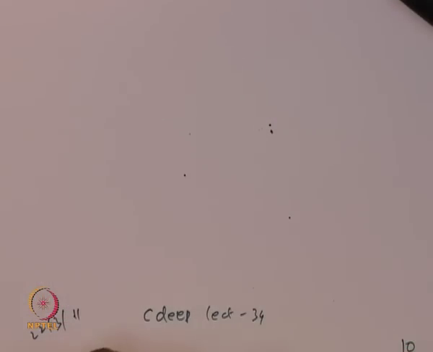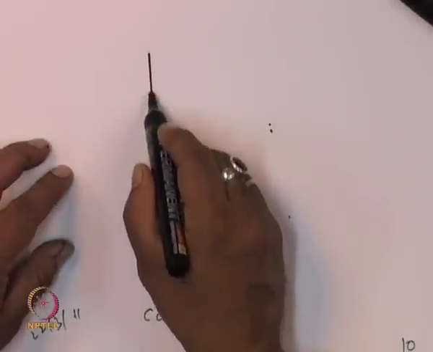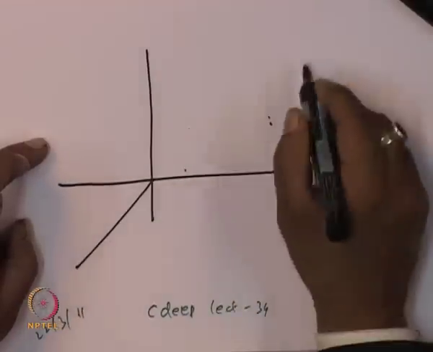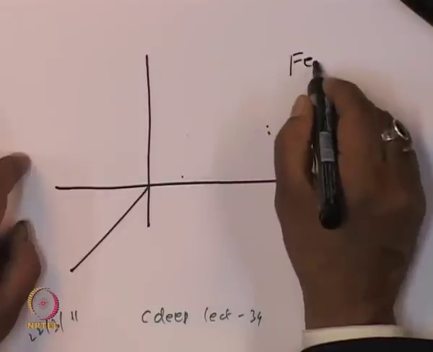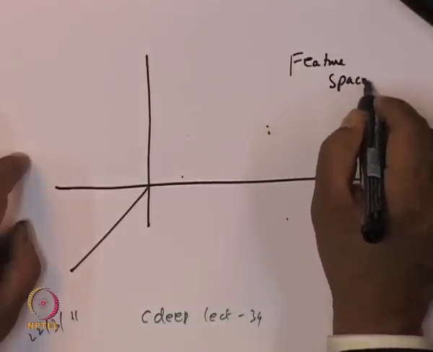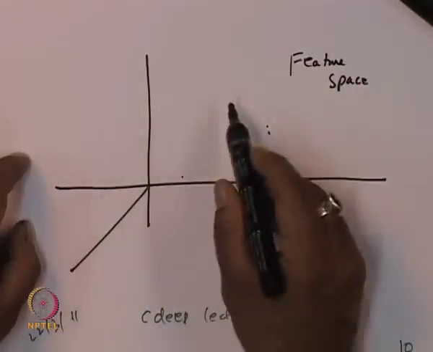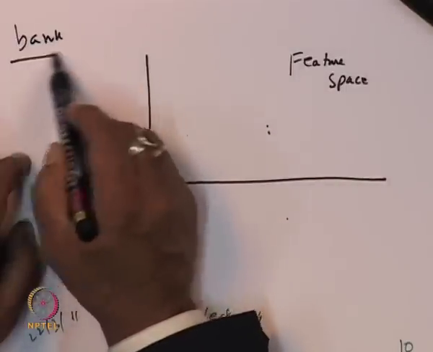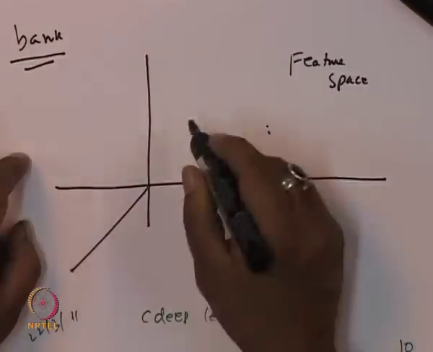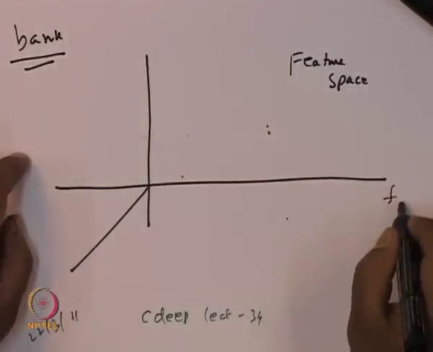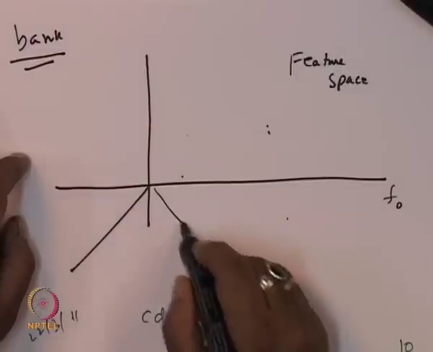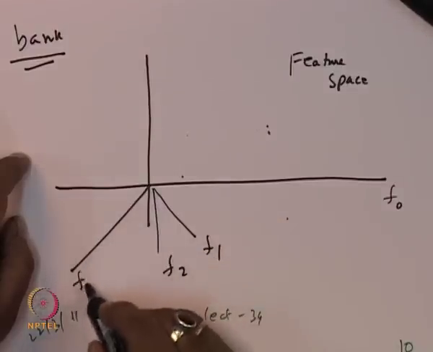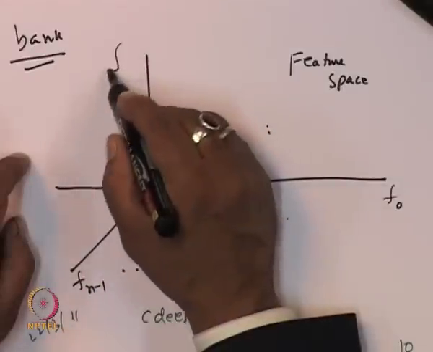So, this is as follows. What we are doing is that we have a feature space, and for the word bank, which is the target word, we create F0, F1, F2, Fn minus 1, Fn.